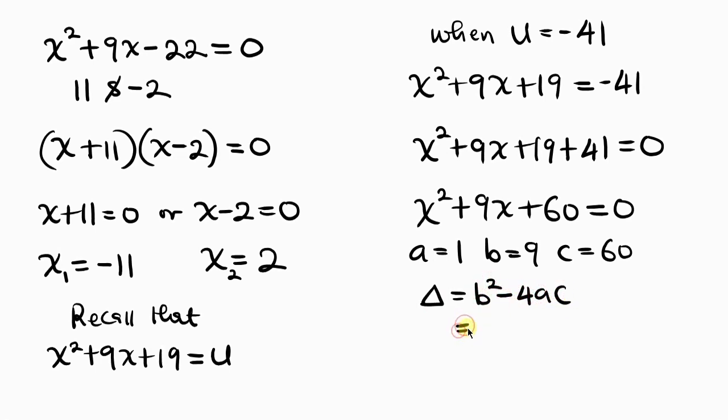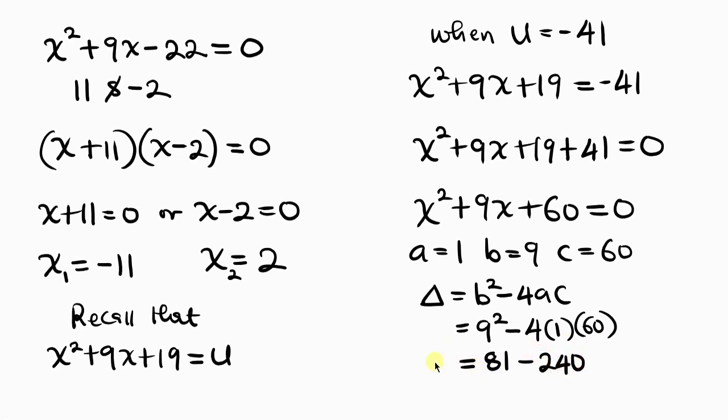So let's substitute. Our b is 9. So 9 squared minus 4 times a, a is 1, times c, c is 60. Very good. So this is equal to 9 squared, which is 81, minus 4 times 1 times 60, which is 240.